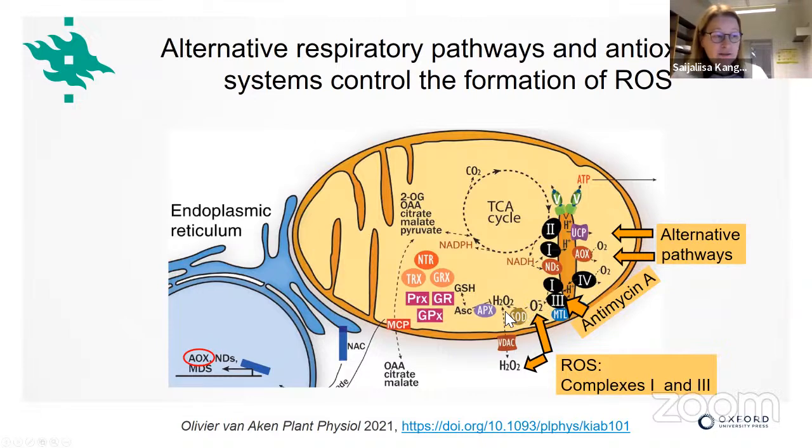And superoxide dismutase is quite abundant and active in plant mitochondria, and it really rapidly leads to formation of hydrogen peroxide inside the mitochondria. And this can then be exported also to the cytosol.